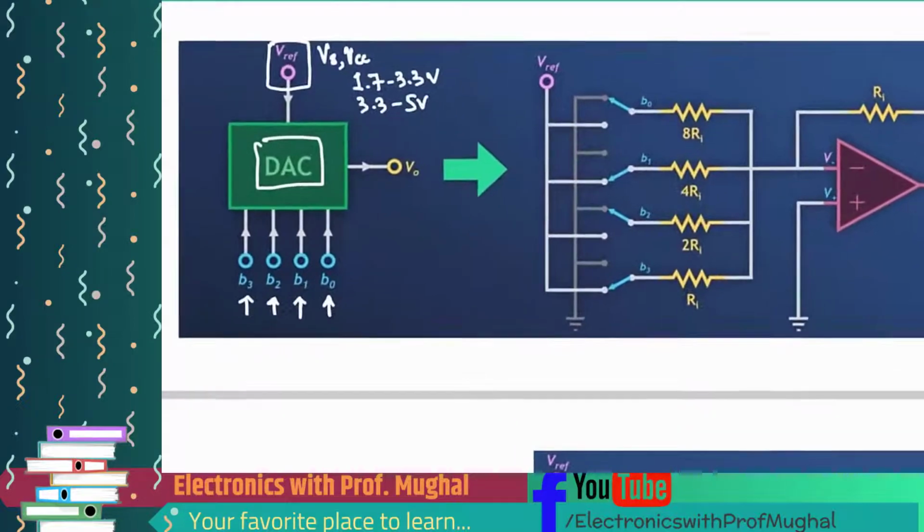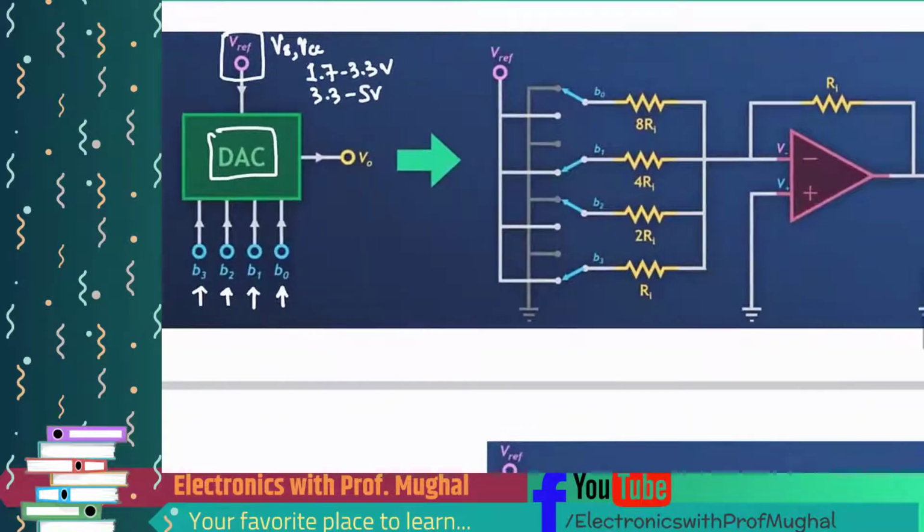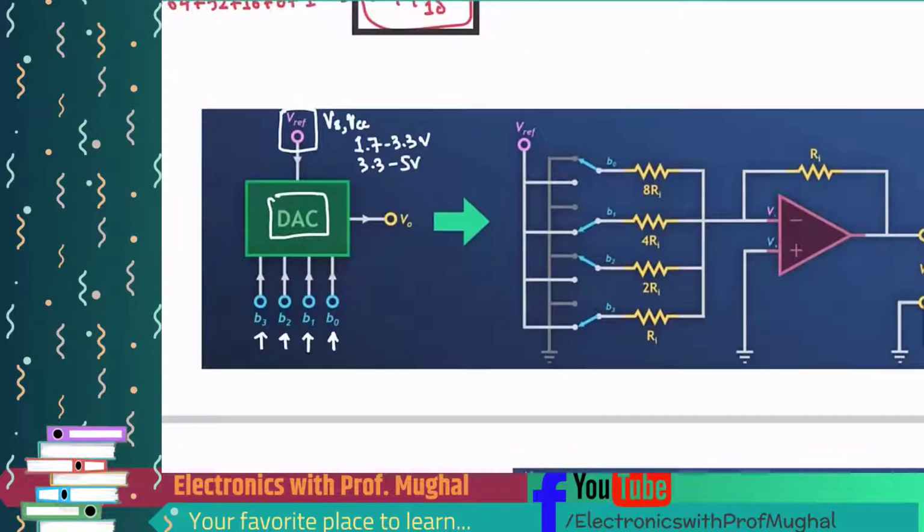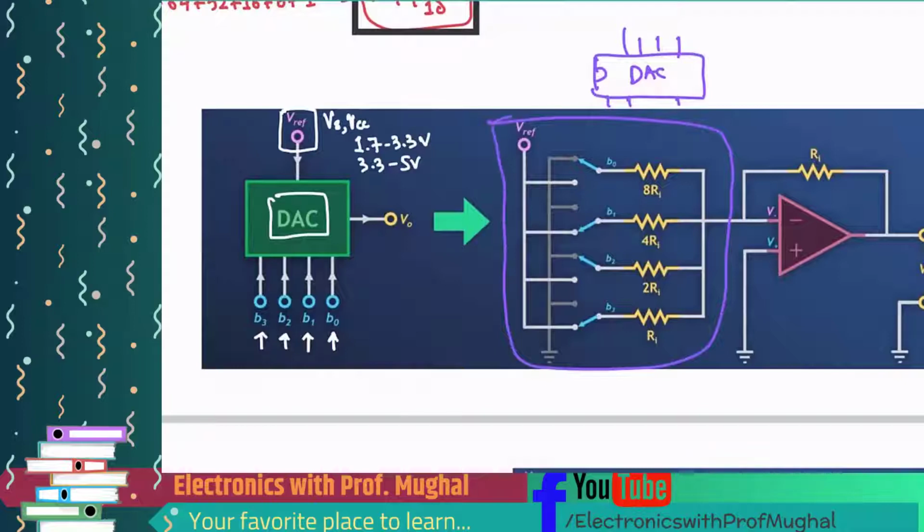What's going to happen is this DAC may look like this from inside. It comes in a chip. This is the DAC, it's got pins over here. Inside this chip you have everything that is in purple.